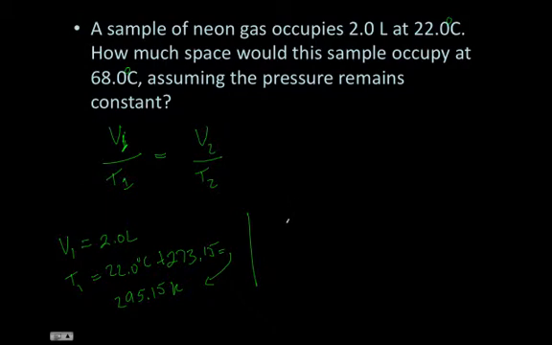I'll just make my little divider here. My V2, I don't know, so I'm going to call that X. That's what I'm trying to find out. And my T2 is 68 degrees Celsius. Now again, a flag should go off in my head. I want to make this be in Kelvin.